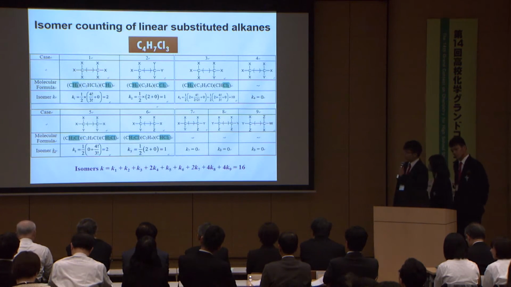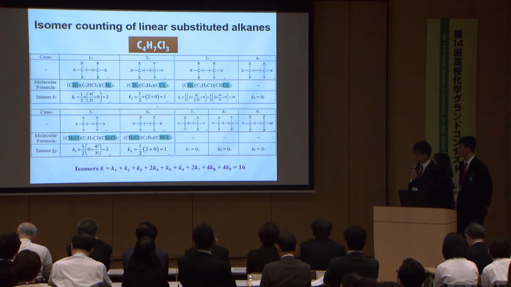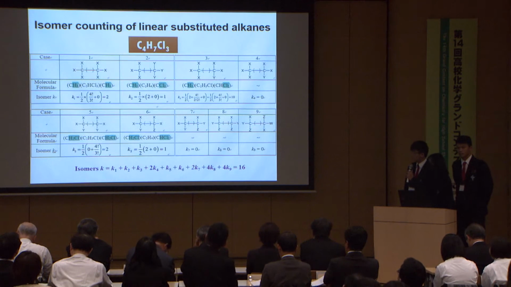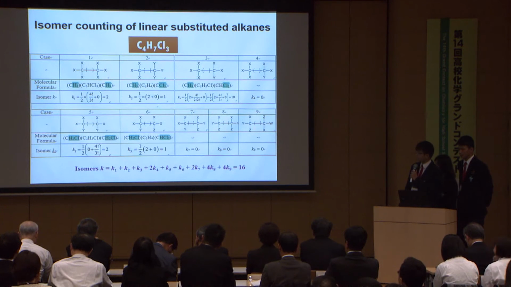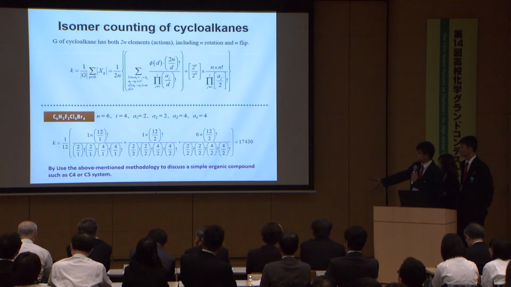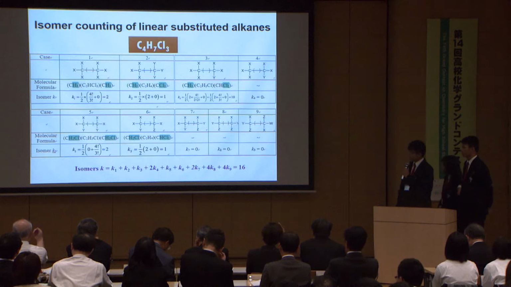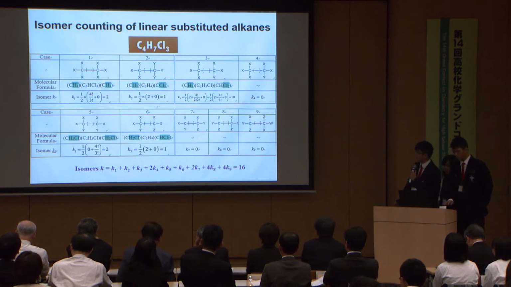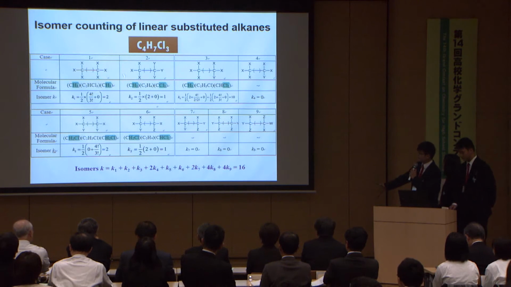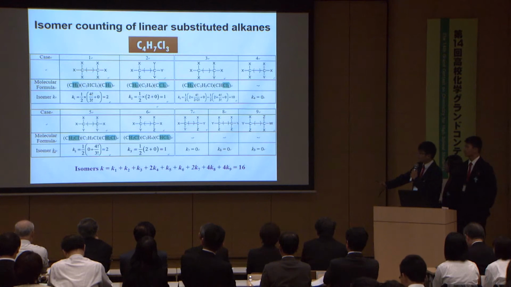In this page, we discuss the number of isomers of alkanes. Take C4H7CO3 for example. We first discuss the two ends of the carbon structure, like this. We can find 9 cases. The first example is type XXX and type XXX. The second example is type XXX and type YYY.